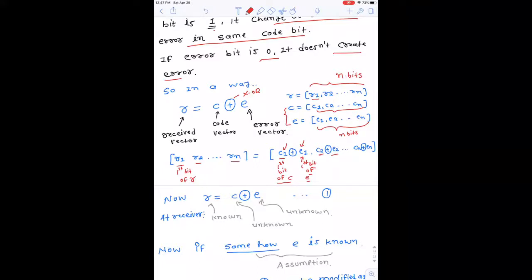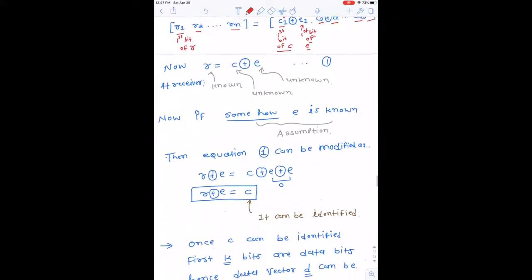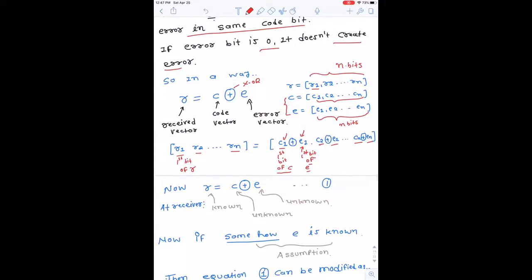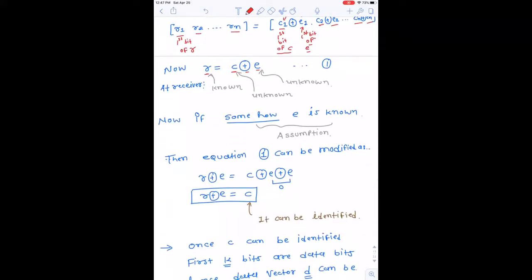And the nth bit of received vector R can be obtained with the XOR operation between the nth bit of code vector C and the nth bit of error vector E. This way all the bits are individually obtained at the receiver. So in terms of vectors, we can write R = C XOR E, where R is a vector of n bits, C is again a vector of n bits, and E is also a vector of n bits.